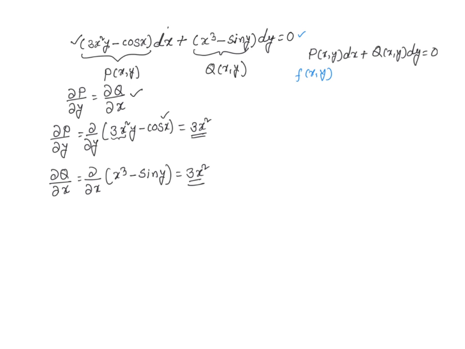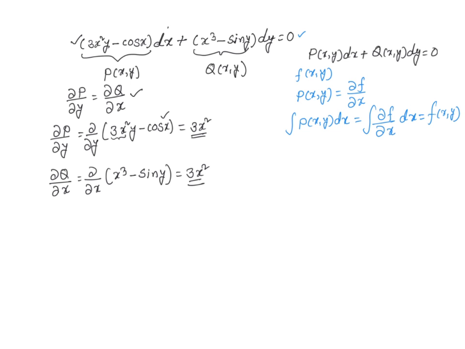Now, how do we go about finding that function? According to our assumption, P of x comma y is nothing but the first order partial derivative of that function f with respect to x, right? So now, if we take the integral of both sides, we get the integral of P of x comma y dx is equal to the integral of ∂f/∂x dx, and that is going to be f of x comma y.